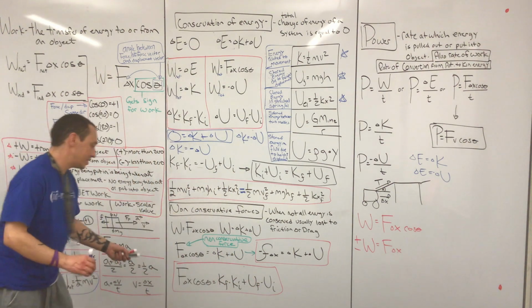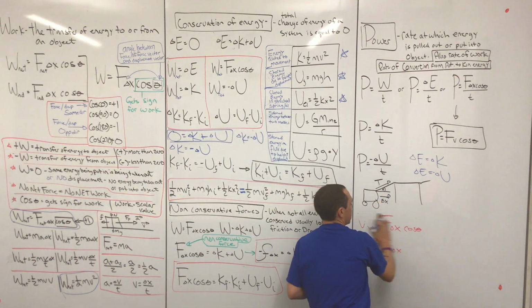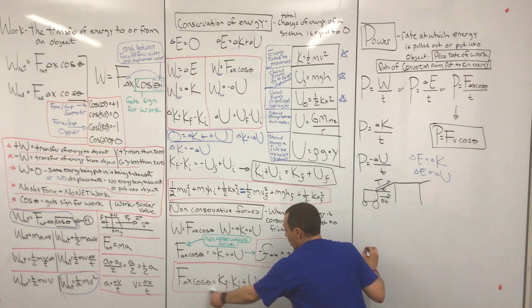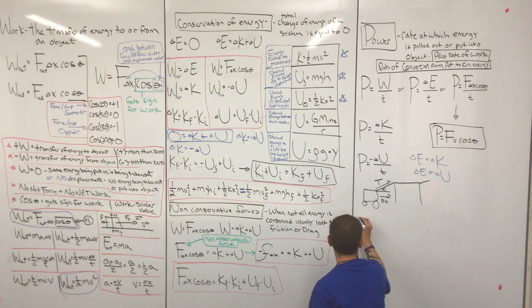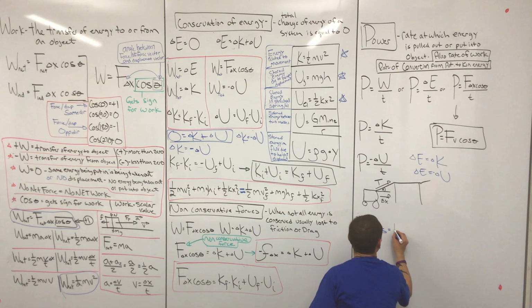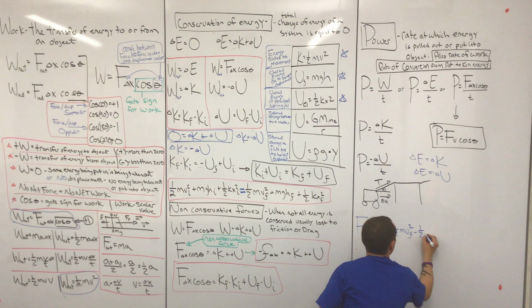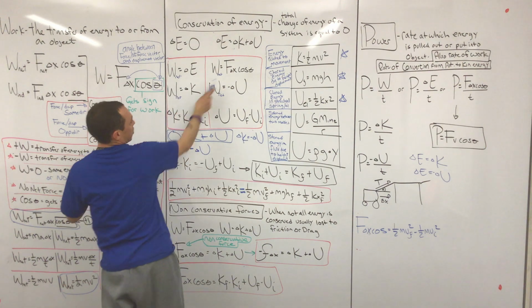Now keep in mind, like I said, because of this relationship, and I'll write it over here, because we have this equation down here, let's just ignore the potential energy for a second. We get this really cool equation, and again, we can just do this because work is equal to change in K, and work is equal to this.